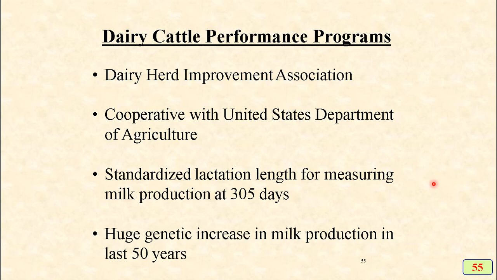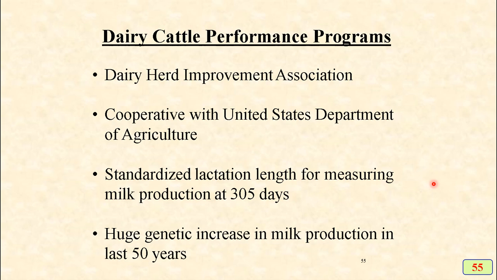Also dairy cattle performance programs: the dairy herd improvement associations, like the Indian Dairy Associations, in cooperation with the United States Department of Agriculture, or USDA. Then standardization of milk production records for 305 days is strictly followed there, whereas we need to adopt this over at least the long term.